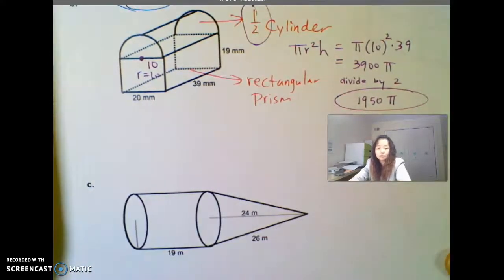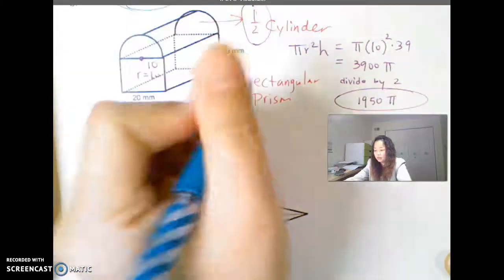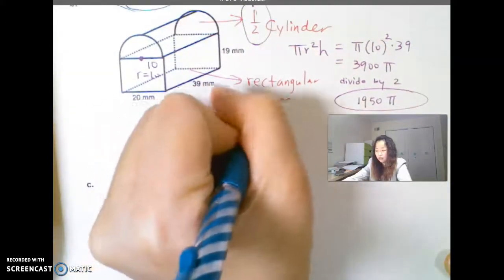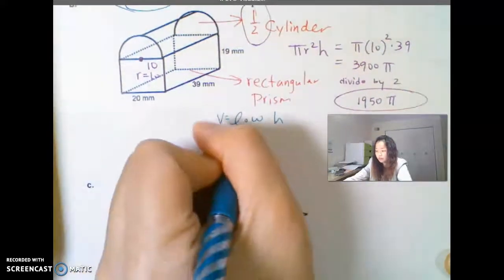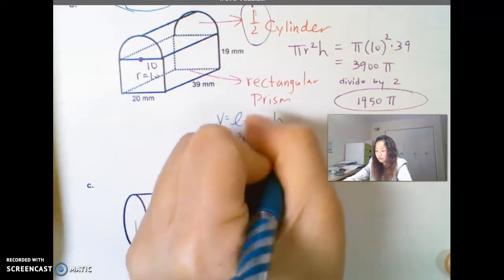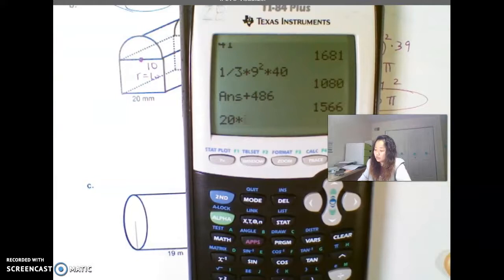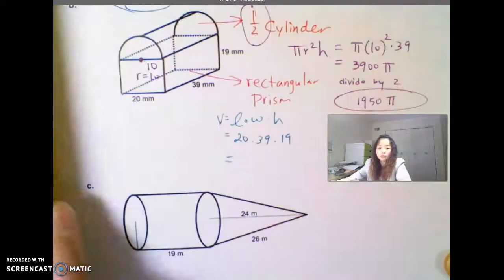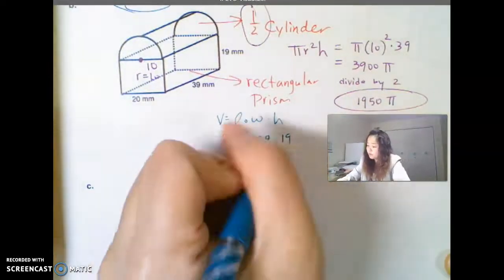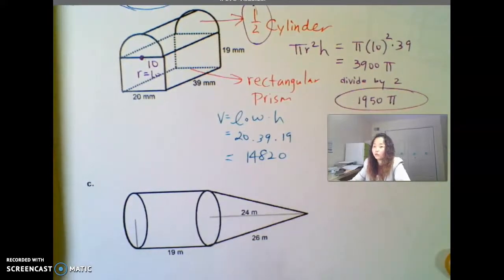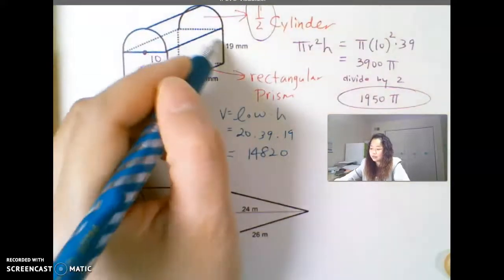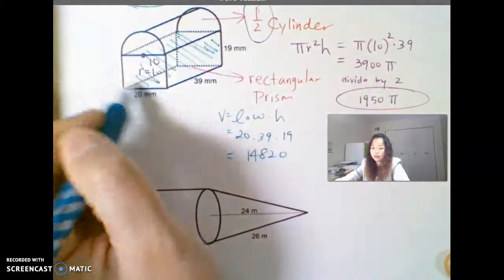Now the rectangular prism part. Look at the formula. It says length times width times the height. So the rectangular prism would be 20 times 39 times 19. That is 14,820. We're not cutting that in half because it is the entire rectangular prism that you see in here, right?